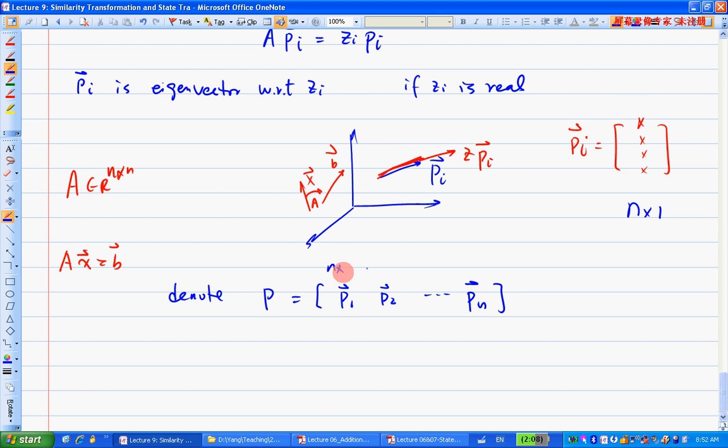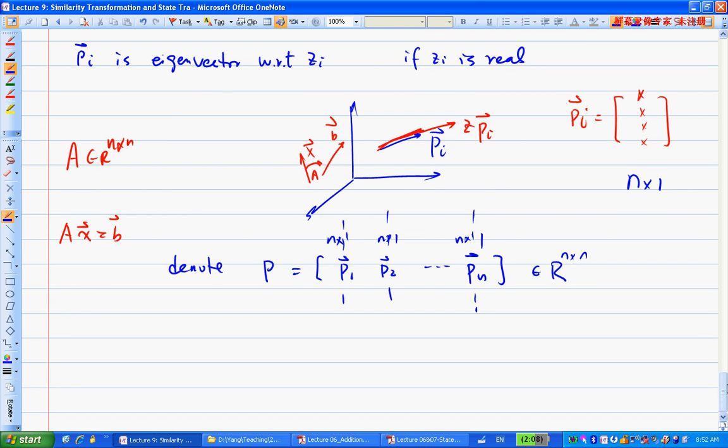So what will be the size of P here? Exactly, it will be n by n. Each column of P is a vector, not just a scalar quantity.